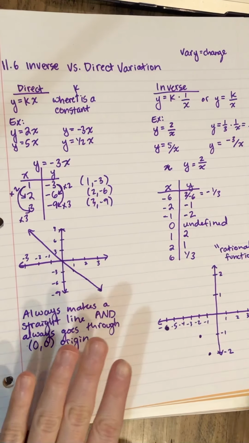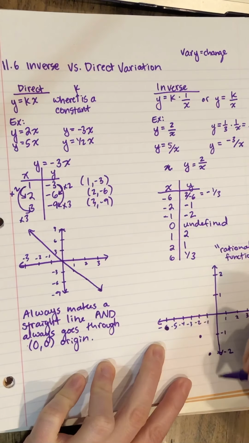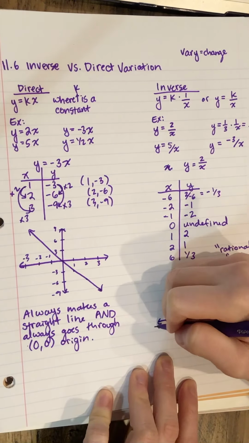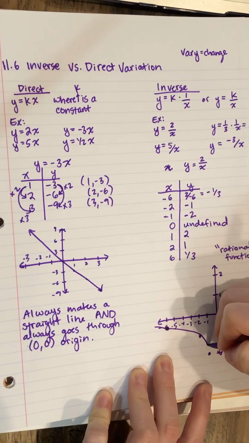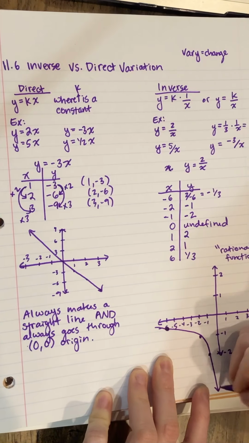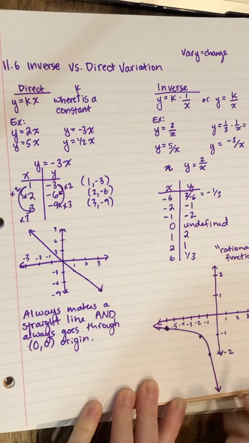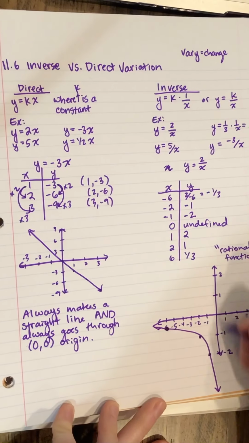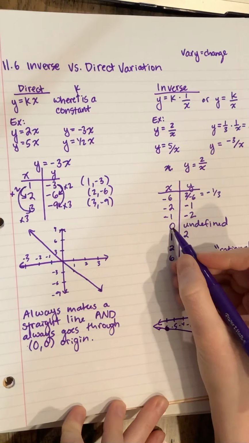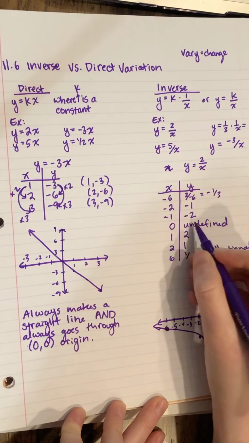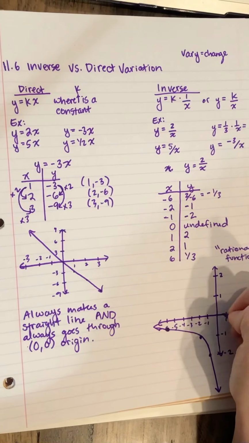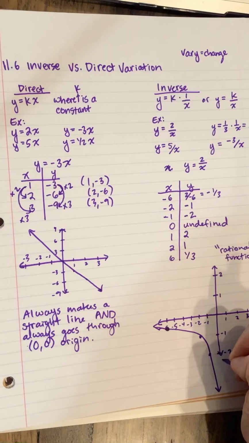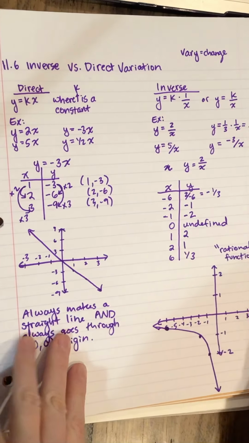Okay, and I know you don't know this yet, but if you were to plug in more points, it's going to make this shape. Just like that. Until it hits 0, because remember at 0, it's nothing. There is no y value when your x value is 0. We'll get into that, has a specific name for it later.